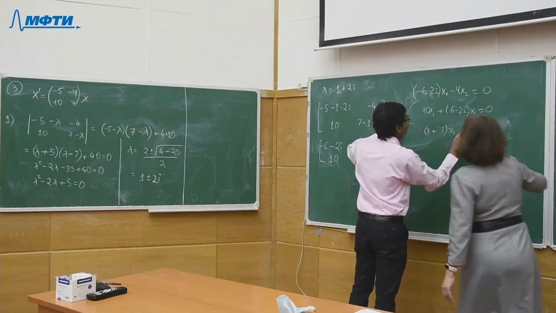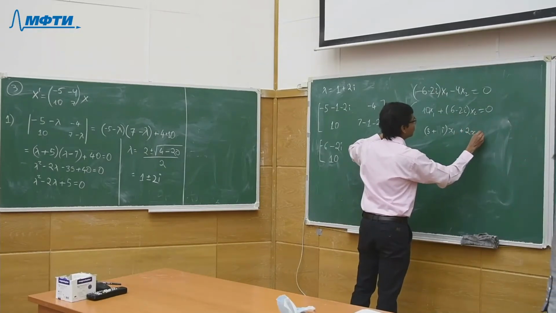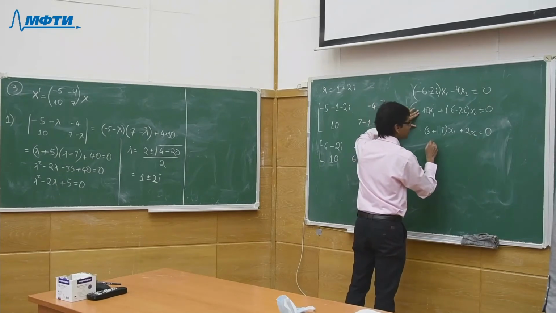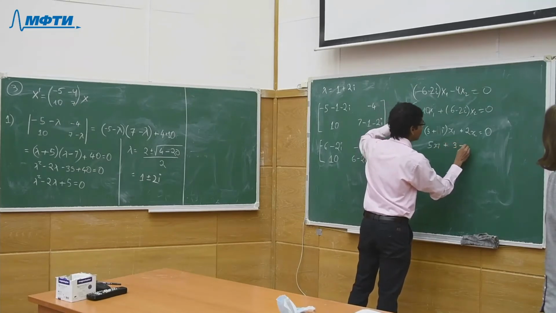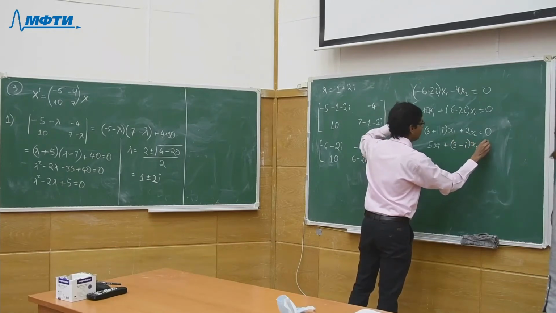Well, (3 + i) x1 + 2x2 = 0. And the next will be 5x1 plus something times x2 equals 0, right?